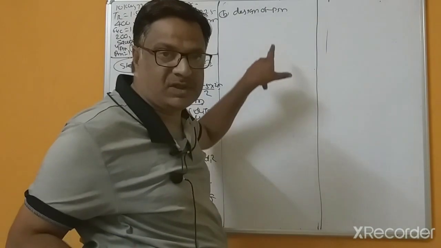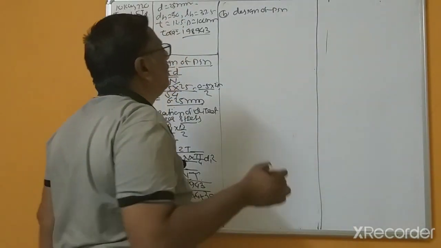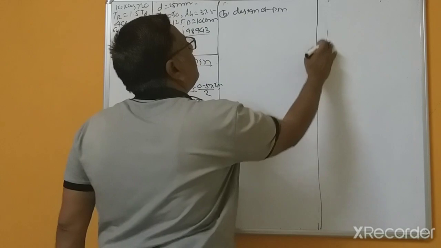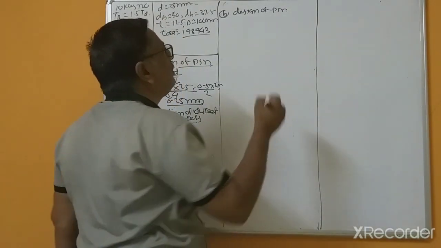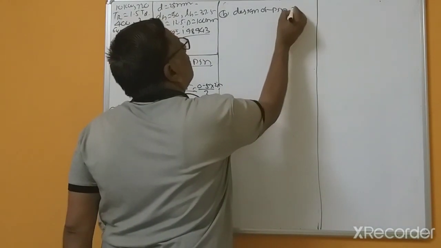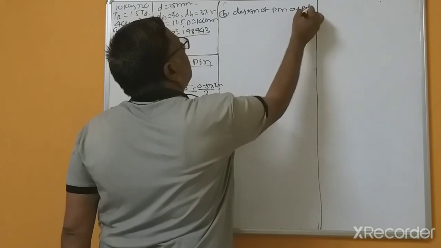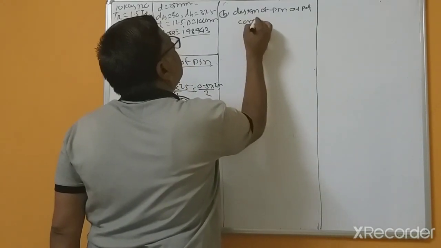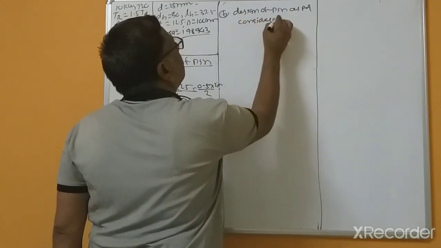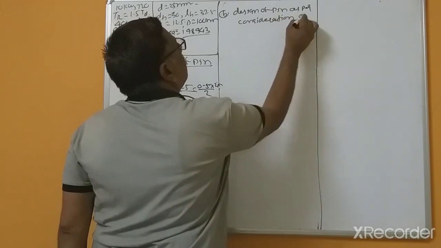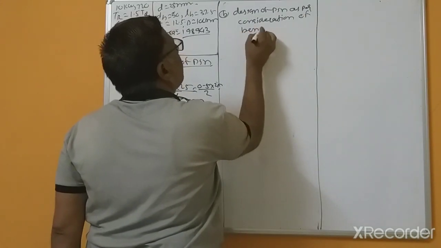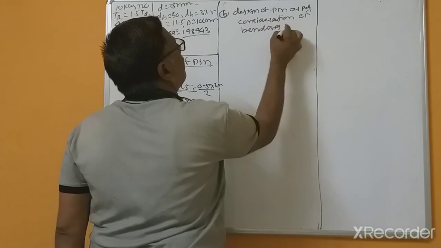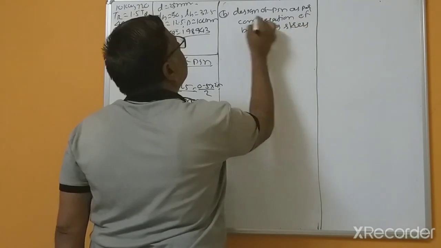Now design of the pin. I skipped these steps in the design procedure, but this is also important. Design of the pin as per considerations of bending stress. Why this bending stress?